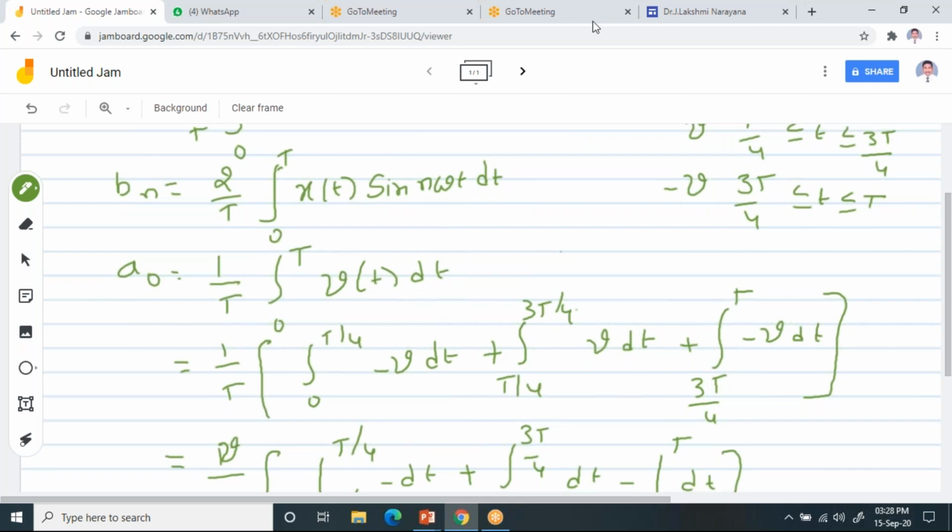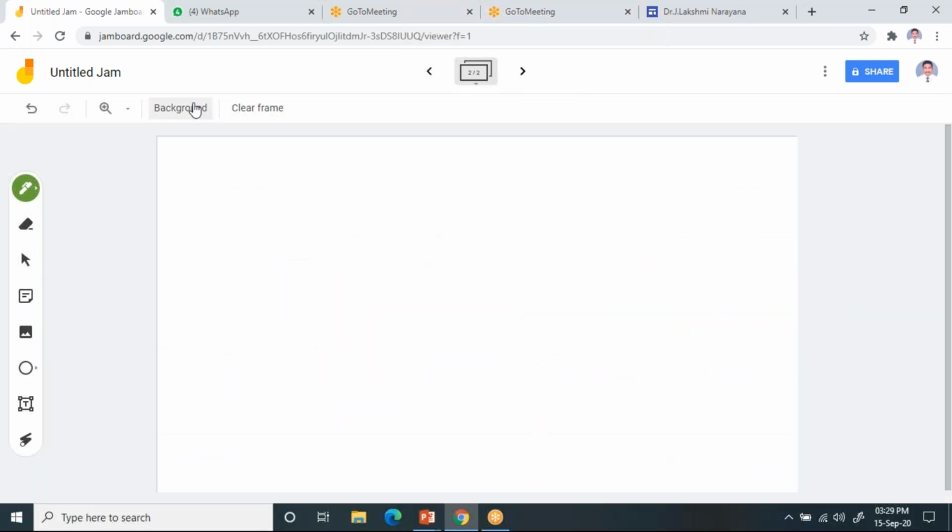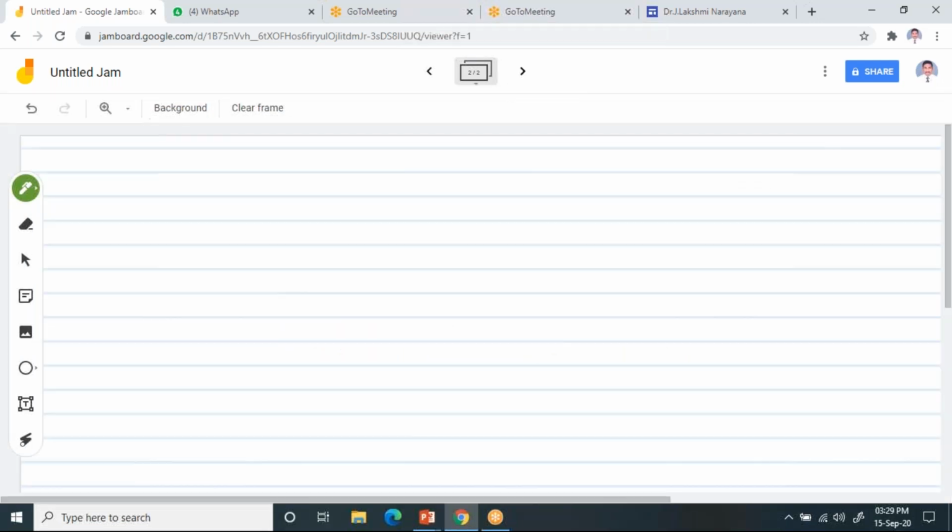Right. Now, once you calculate A naught, you need to calculate AN. For calculating AN, again I need to consider one more sheet. Now I have to write AN. Please try to understand, AN and BN are very important, and please try to understand how you are going to get them.